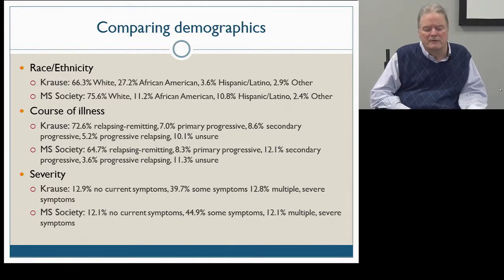You can see the others here, and you can go back and look at this if you would like, but basically it outlines, for the most part, similarities in course of illness and nothing dramatically differing between the two studies in terms of those factors. So fairly typical or representative of MS.